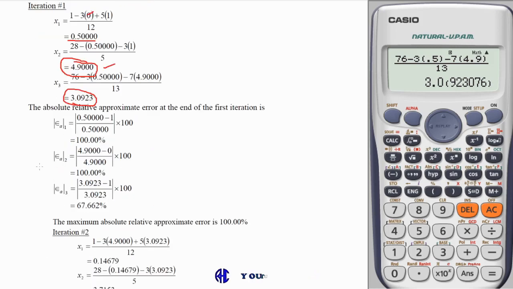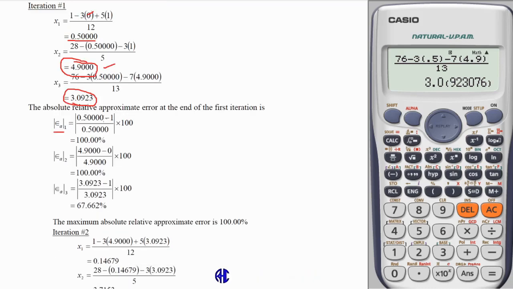Okay. After that, kailangan natin i-check yung absolute relative approximate error. So, ibig sabihin yan, kung mas malaki yung error, mas malayo yung probability na yun na yun yung sagot. Dapat, mas maliit yung error na makuha ninyo. Okay. So, una, kailangan natin kunin yung absolute relative approximate error ng x sub 1.